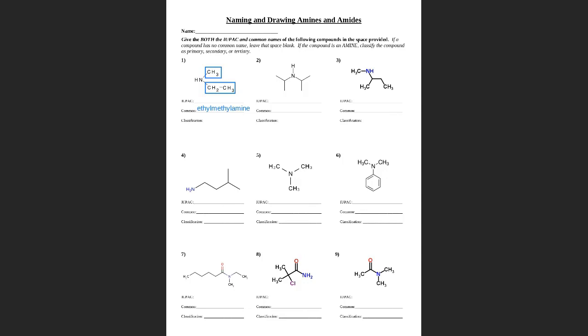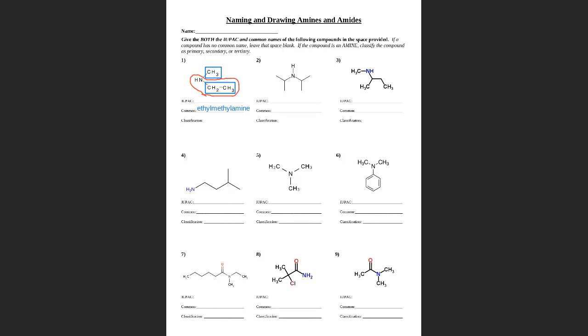Now, an alternative method of naming this, I'll show with the red marker, is to circle the longest carbon chain that has the nitrogen attached to it. The longest carbon chain with the nitrogen. If there is a group attached to the nitrogen, if there's a branch attached to the nitrogen, instead of giving it a number, I'm going to give it a letter.